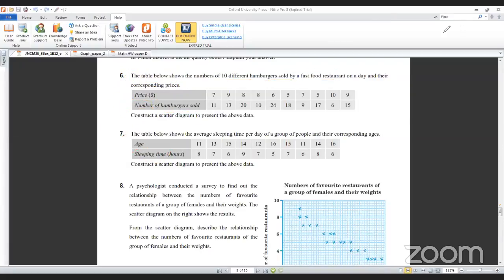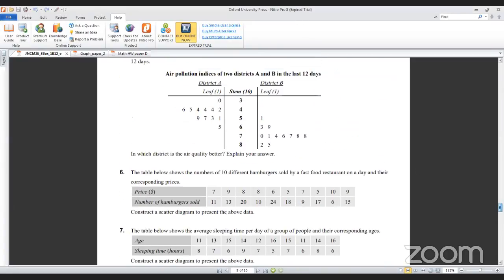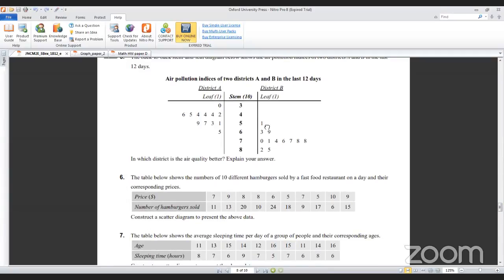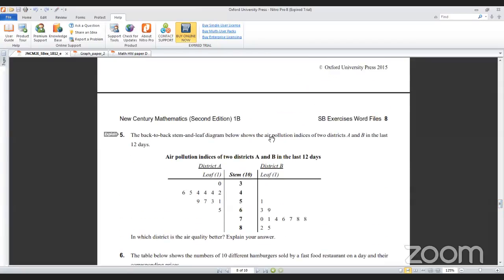In this case, stem and leaf diagram is not good. Different diagrams have different uses. Stem and leaf diagram can list out all the data, and we can do comparison, but we are comparing the same thing, in this case, air pollution index.